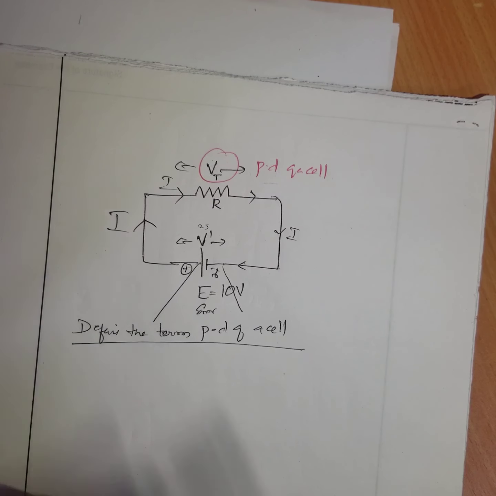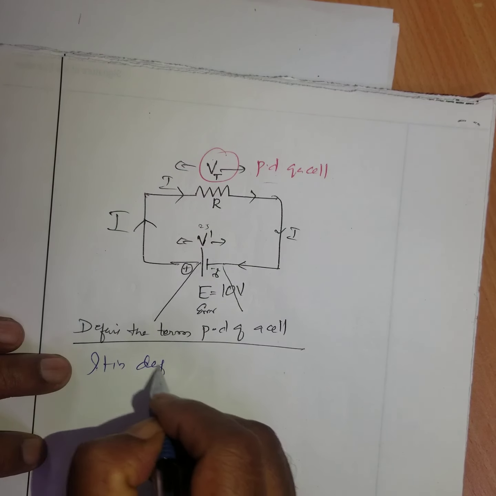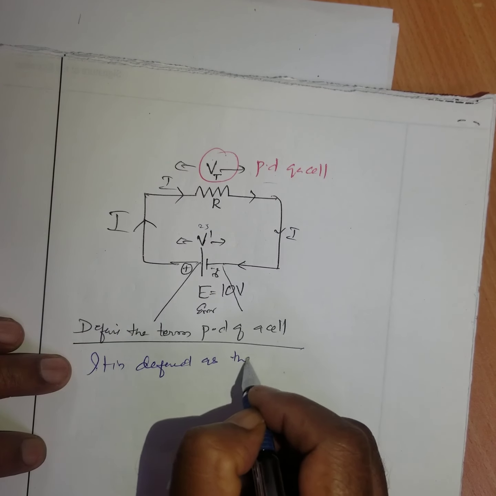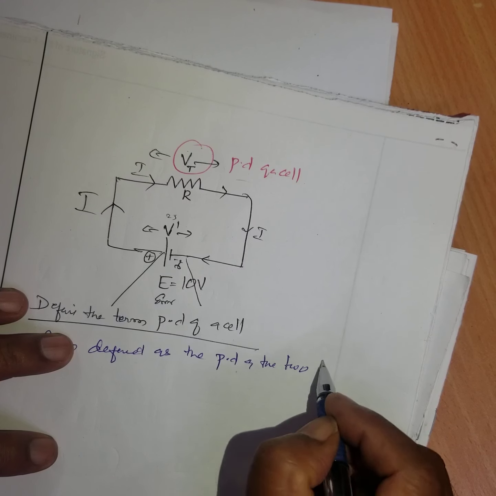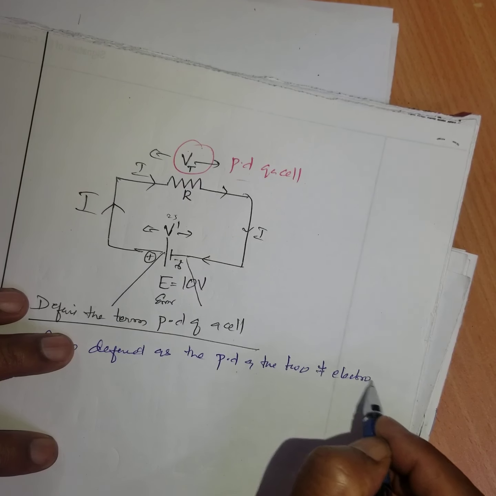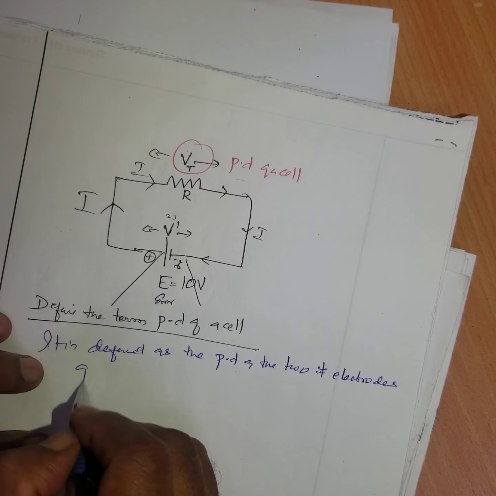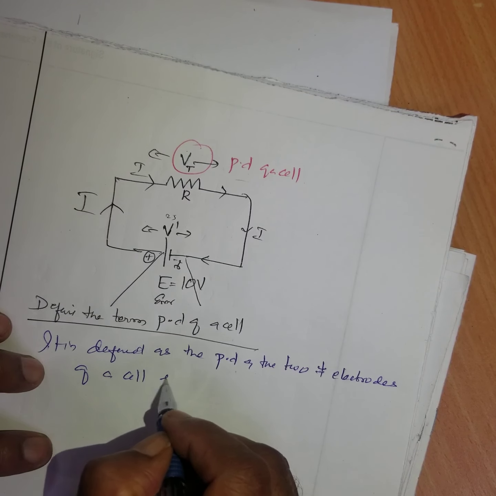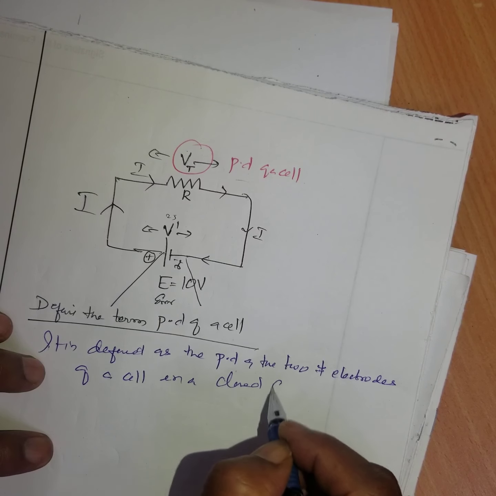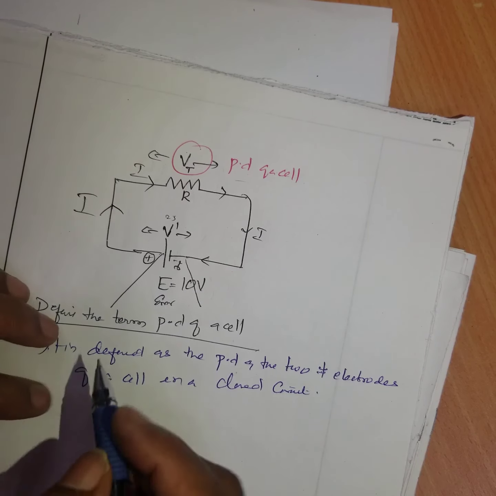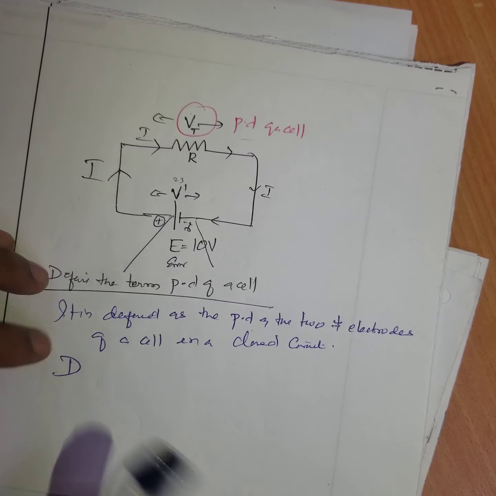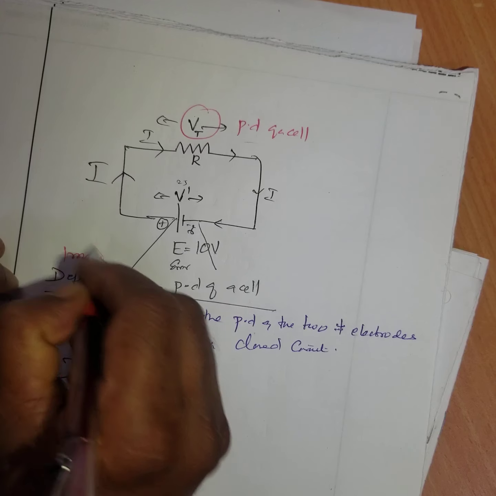It is defined as the potential difference of the two electrodes of a cell in a closed circuit. That is the definition. What are the relations? See, they may ask you to derive, right? This is 1 mark. Terminal potential.